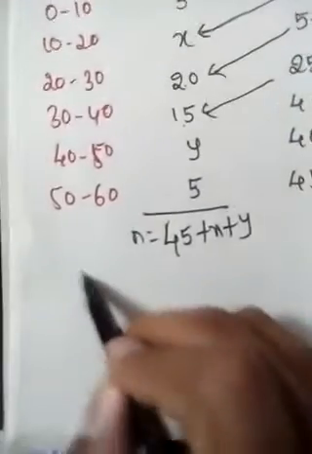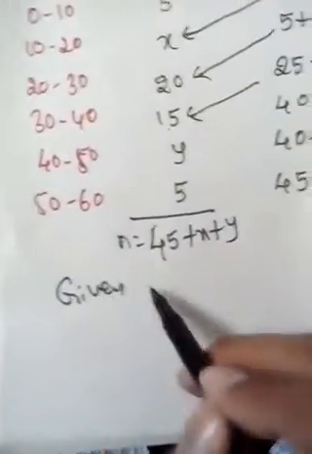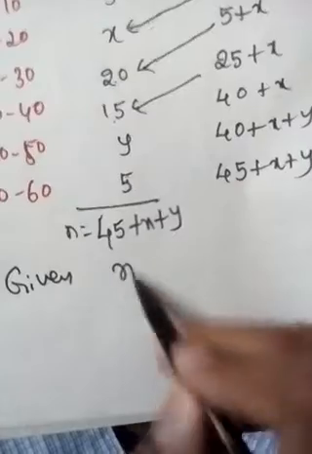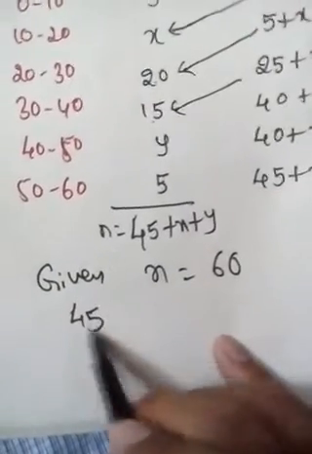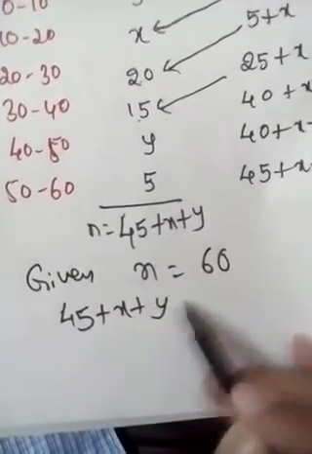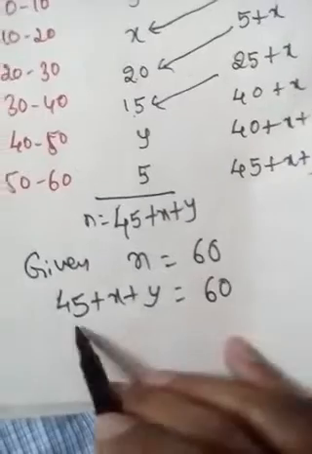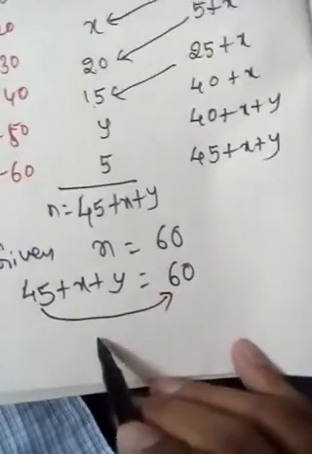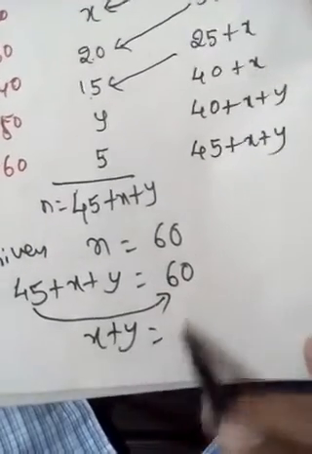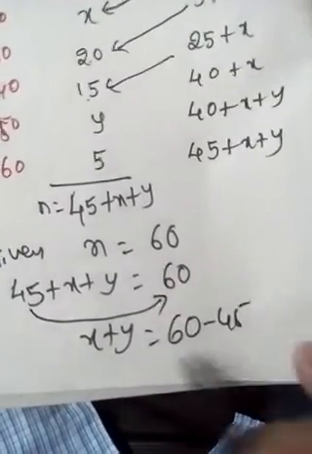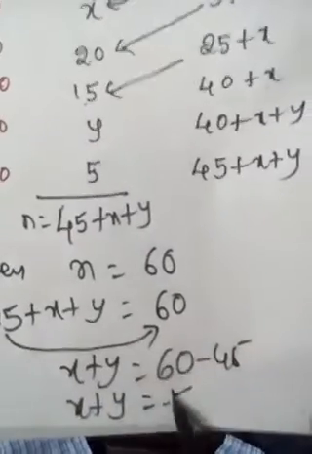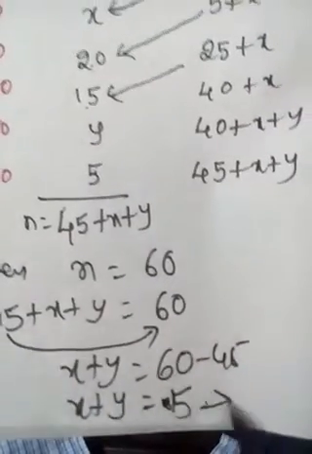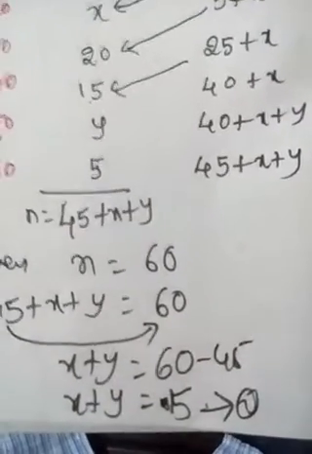But given n is equal to 60 observations, so 45 plus x plus y is equal to 60. If you send 45 to that side, x plus y is equal to 60 minus 45, so x plus y is equal to 15. Let this be equation 1.